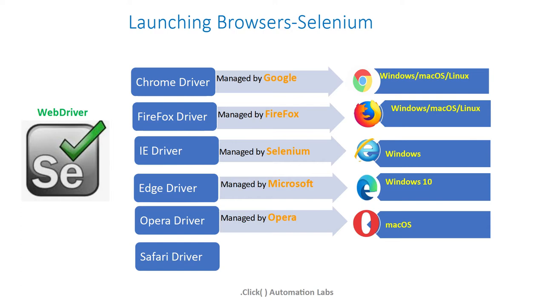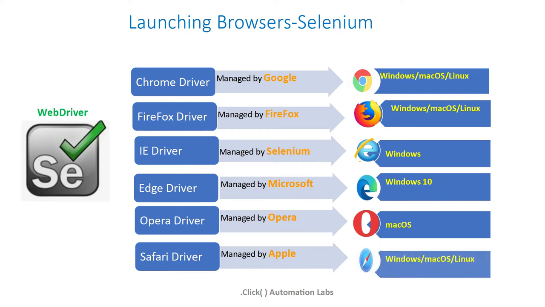The Safari driver, developed by Apple, can be used to launch the Safari browser on Windows, Mac OS or Linux. As of now, these are the various browsers supported by Selenium by using various .exe files. This is how Selenium can be launched on various browsers.